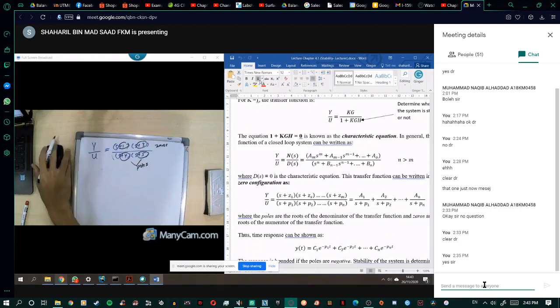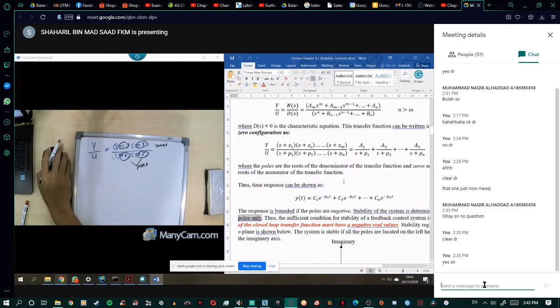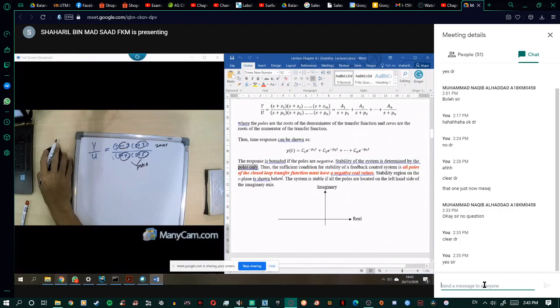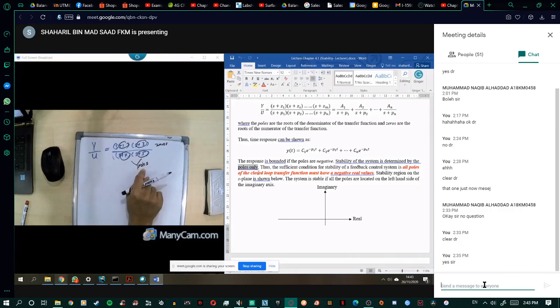This is important information. Based on this, the stability of the system is determined by poles only. That means you just look at the roots of the poles, and it can determine whether the system is stable or not.